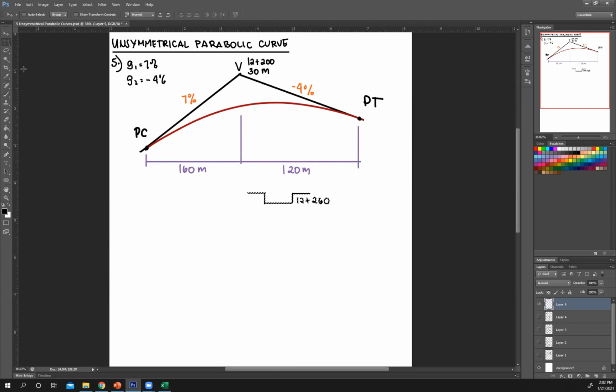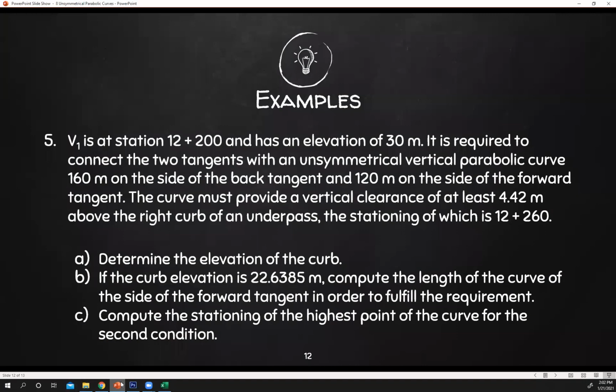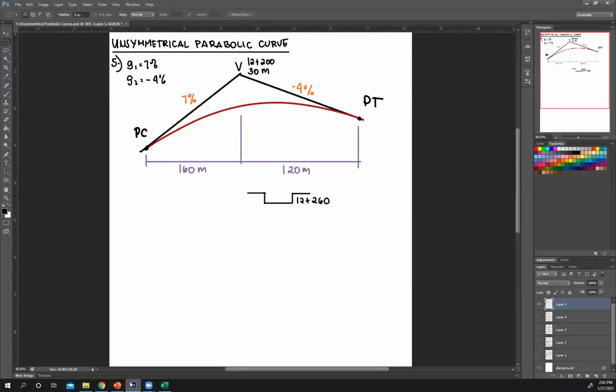Okay. And then there's a vertical clearance of 4.42. Let's draw the vertical clearance. This is your curve.